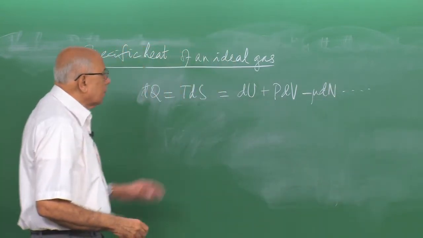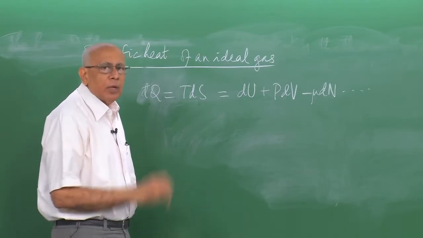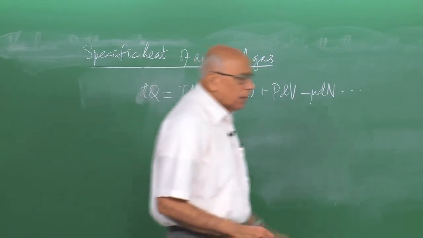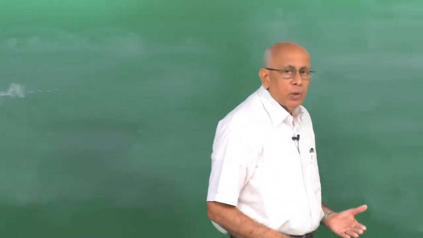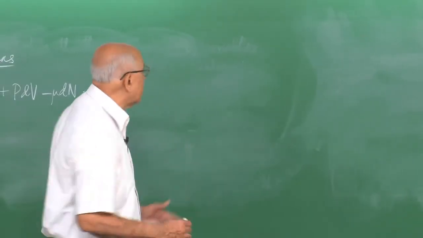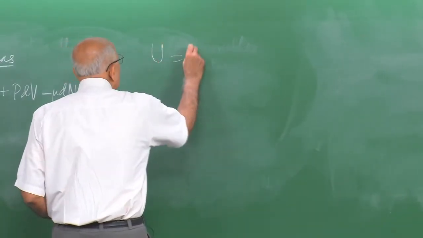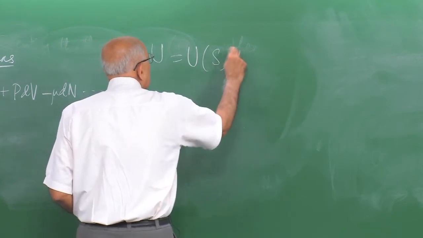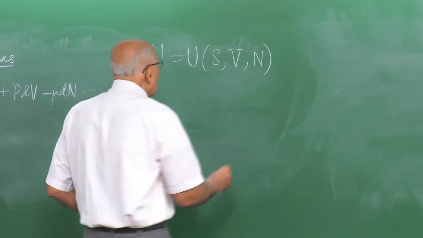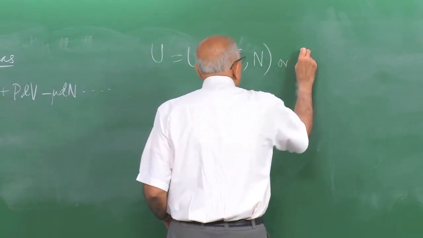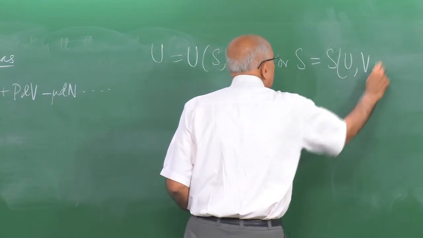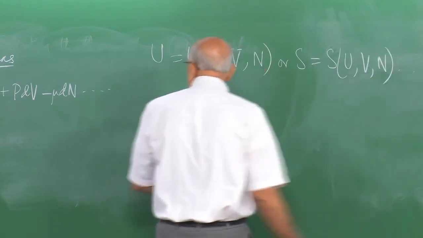Now the question is, what happens in a state of thermodynamic equilibrium, any state of thermodynamic equilibrium. I said already that the basic point about thermodynamics is that you have the internal energy U expressed as a function of S, V, N, for instance, for a single component system, or S could be expressed as a function of U, V, N and so on.